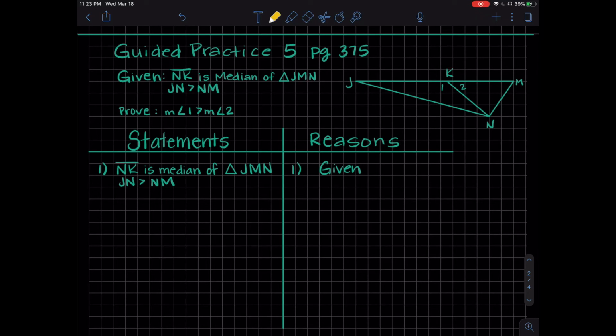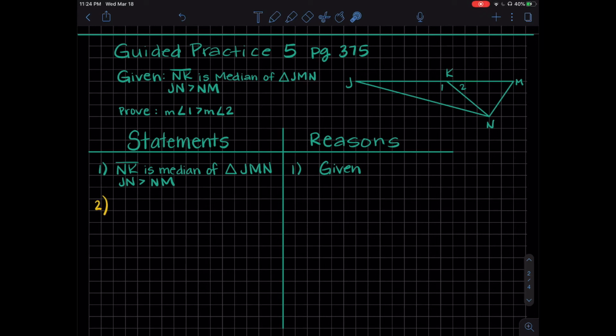Number 1 is our given, and the reason is given as well. So let's go to statement number 2, and let's also mark on here what we know. We know that NK, right here, is the median. And the median goes from the point to the midpoint of the line opposite.